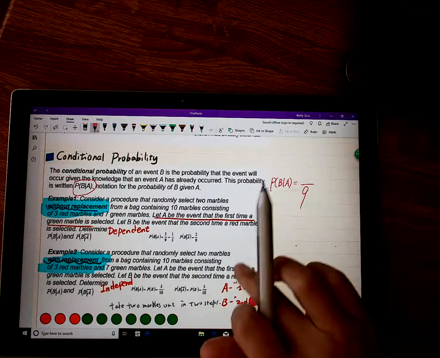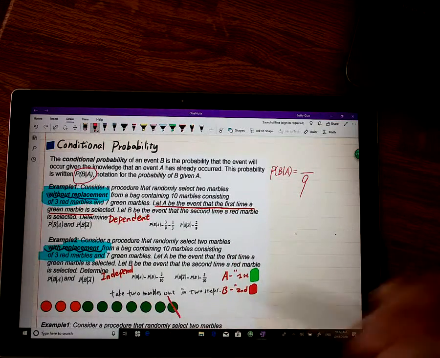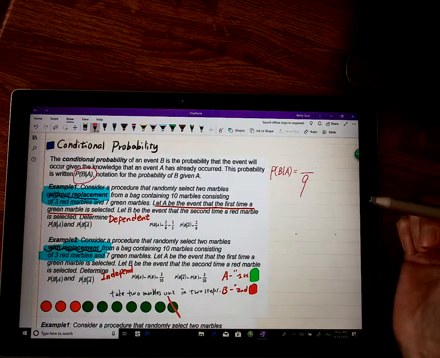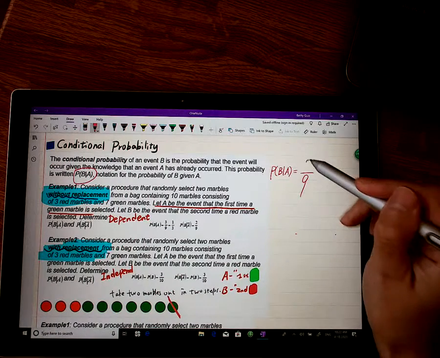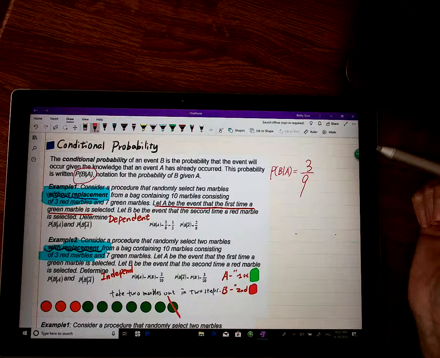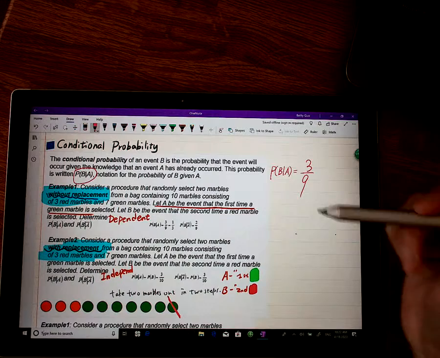Among the 9 marbles, I don't have 1 green marble anymore. I have 6 green marbles, 3 red marbles. And among the 9 marbles, how many of them favor getting a red marble? 3, right? Do you see what happened here? When we consider conditional probability, we have to include the condition.